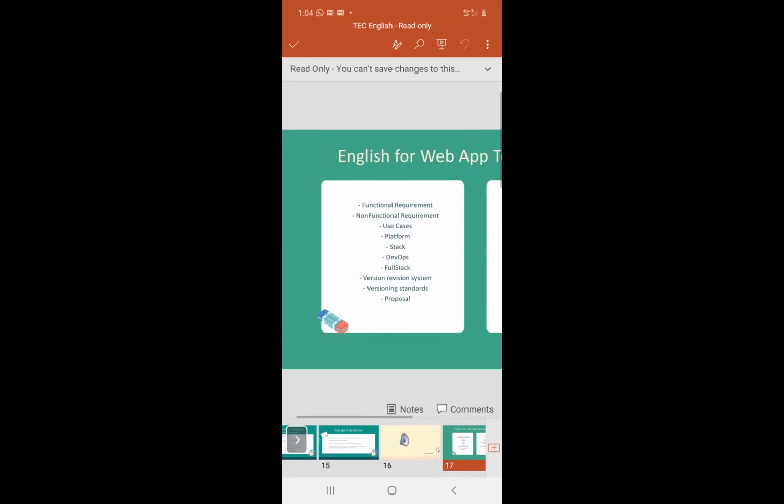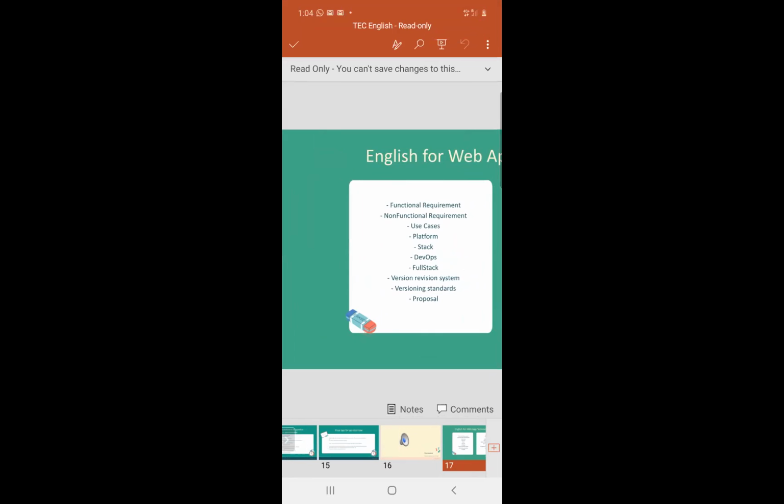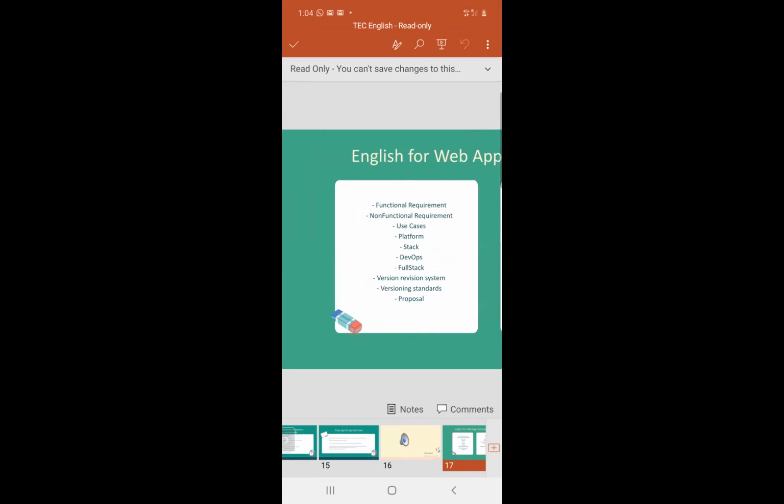So I'm going to go through very small keywords, but they are really important in terms of our field. I chose a couple of keywords from different scenarios that you might face.